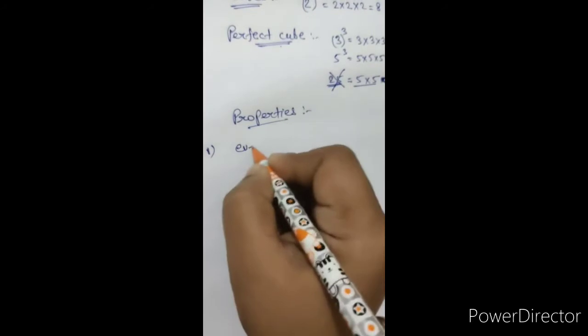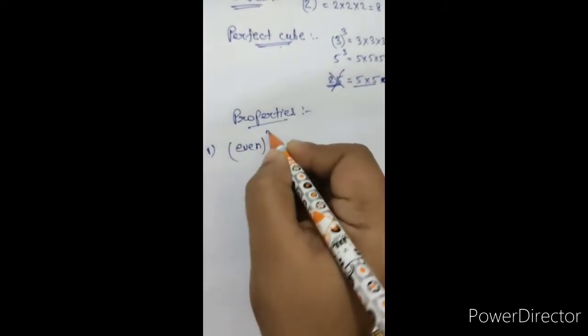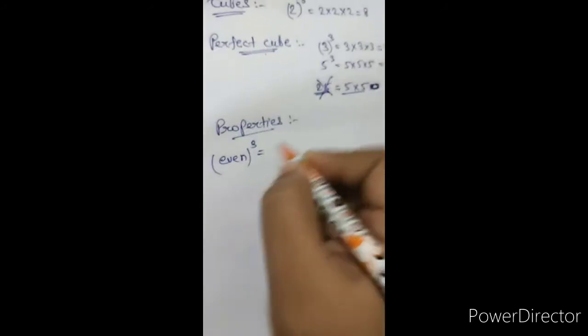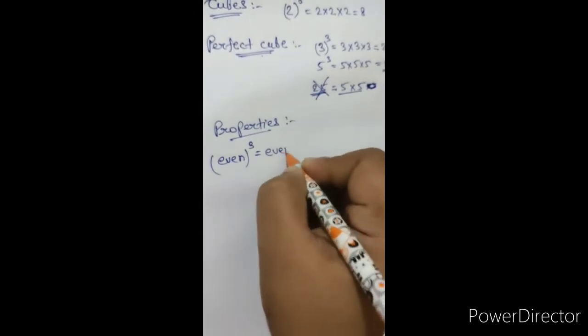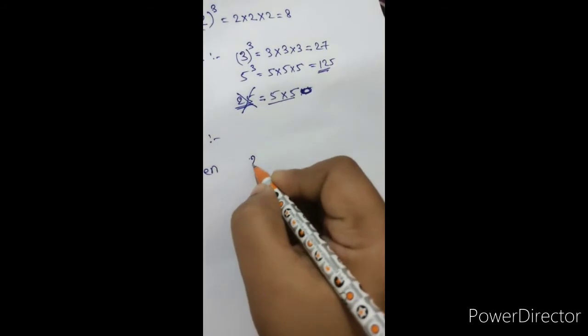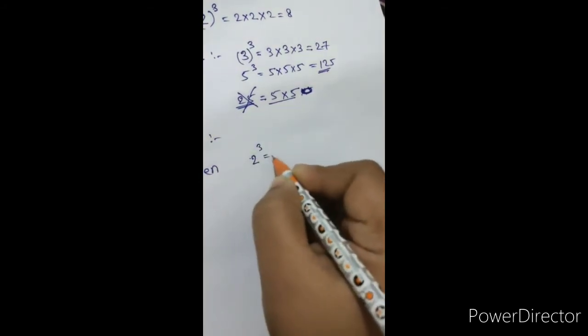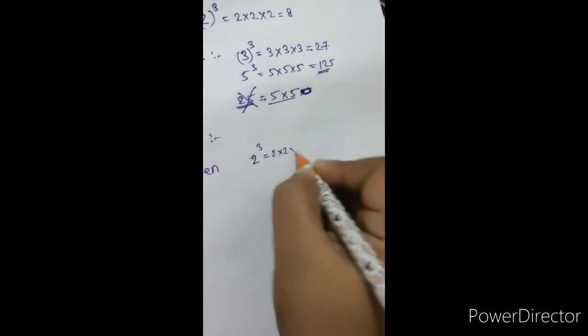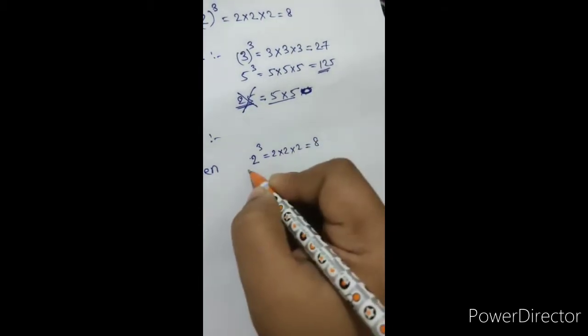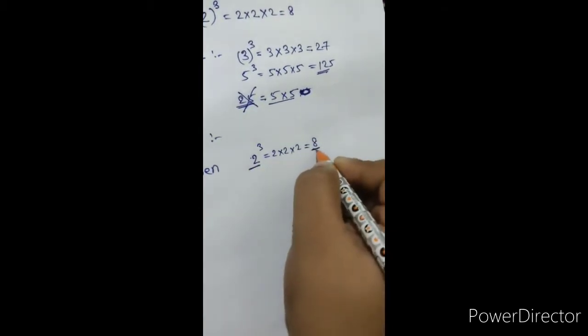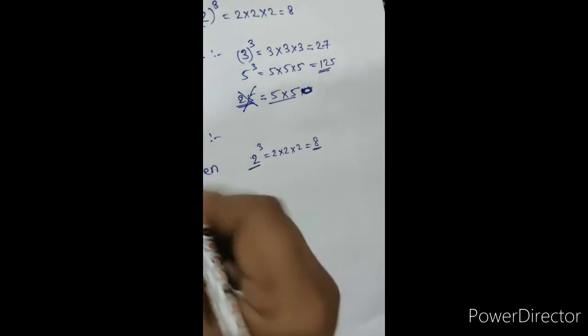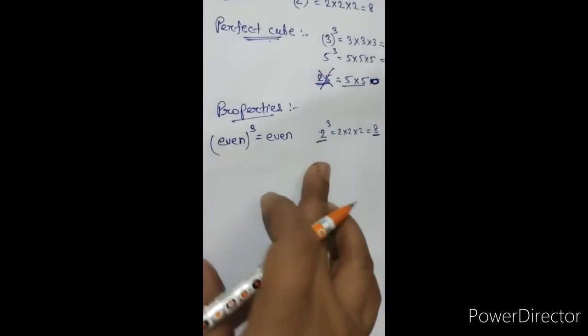Means if we take any even natural number, the cube of that number is even. Take an example. Suppose 2 is our even number. The cube of 2 is 2 into 2 into 2, 8. So 2 is an even number and the answer is also an even number. So we can say that the cube of an even number is always even.